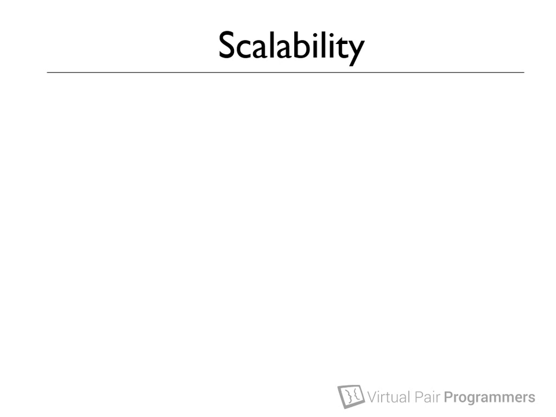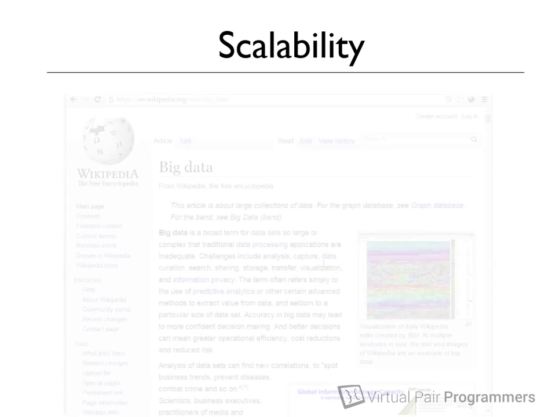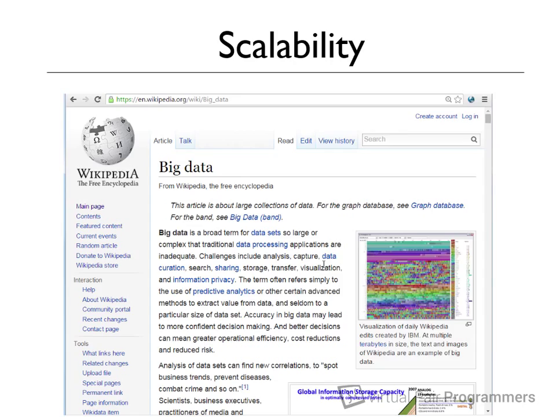There are 2 generally acknowledged problems with relational database, and the first one is that of scalability. And by that I mean creating a database that can support really large amounts of data. A term that's being used a lot in the industry these days is called big data.